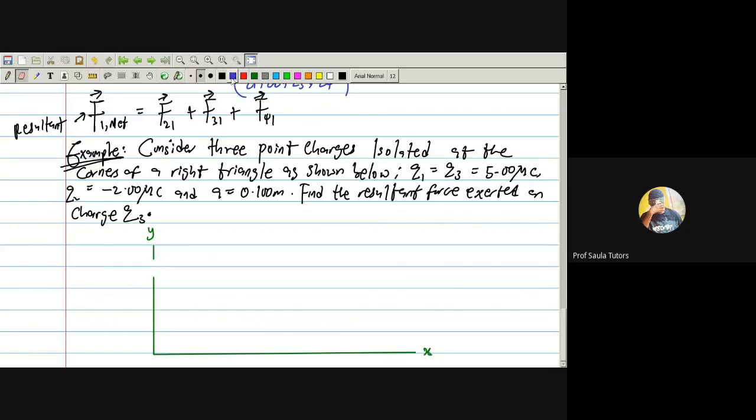We have a charge around here, this charge here, this charge here, and lastly a charge somewhere around here.